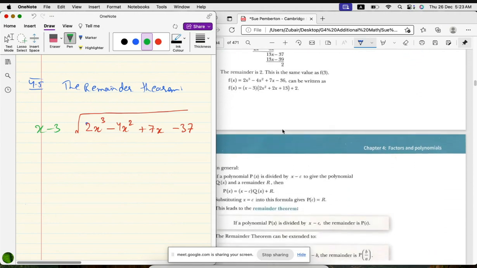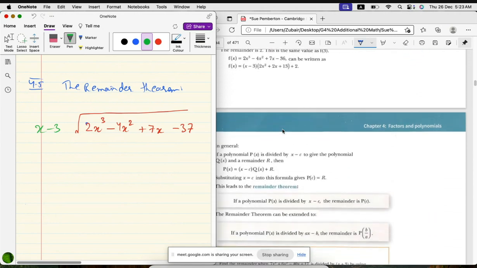So to get 2x cube, I'm multiplying with 2x square. So this is 2x cube. 3 times 2 is minus 6x square. Sign changes, and this is minus 4 and plus 6, 10x square plus 7x minus 37.